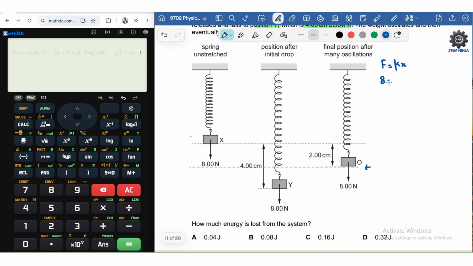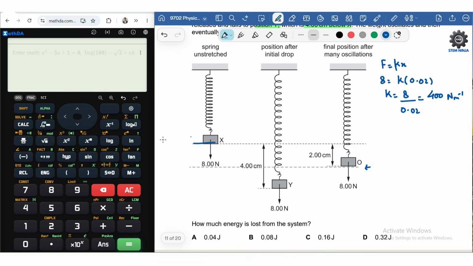So at 8 Newton, at the equilibrium position, you will have 0.02 meters. So K is basically 8 divided by 0.02, which is 400 Newton per meter. Right, okay. So this is the reference position.